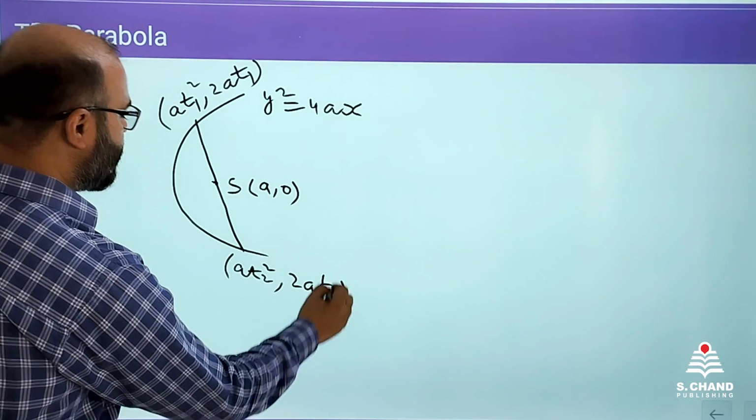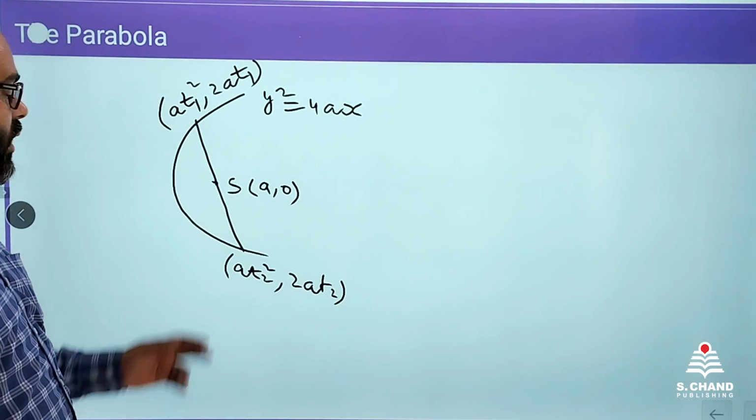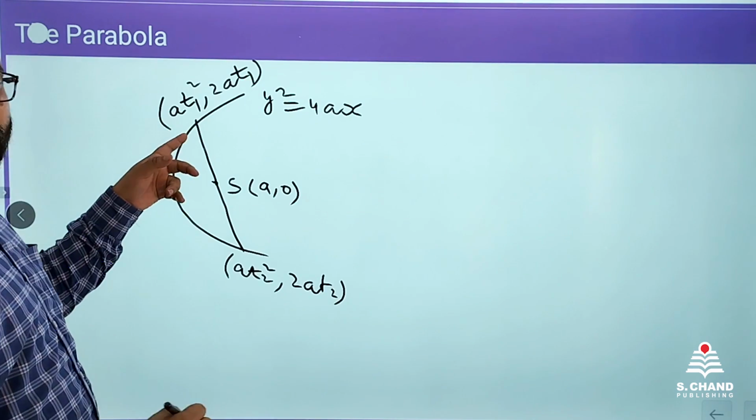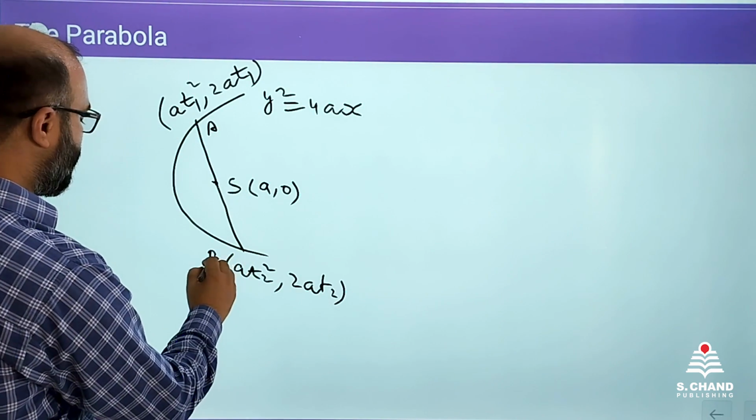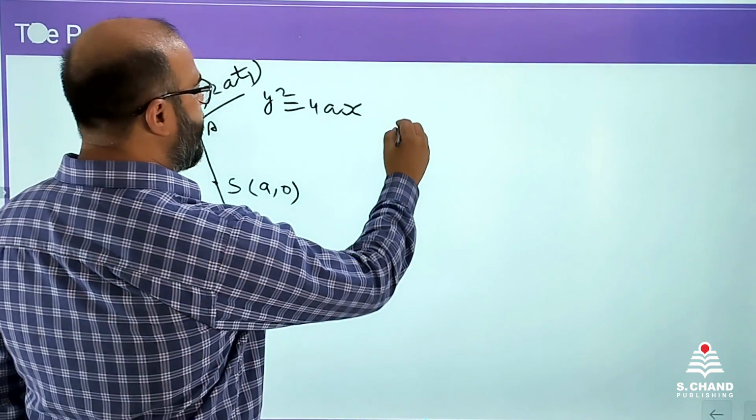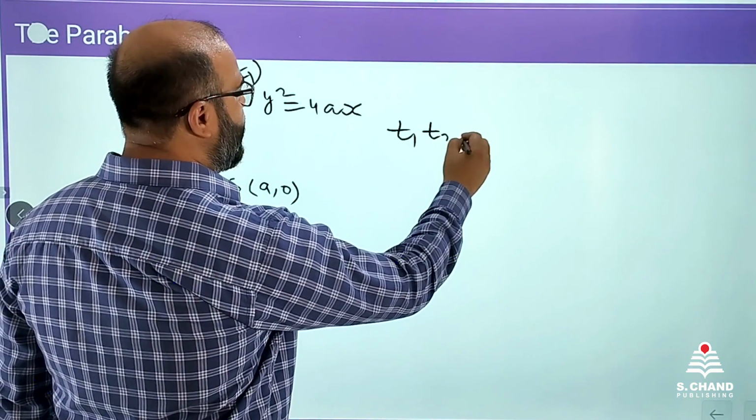This also automatically satisfies the equation of the parabola. So t1 and t2 are the parameters of these 2 points. One point is A, another point is B. So if it is a focal chord, then t1 t2 is equal to -1.